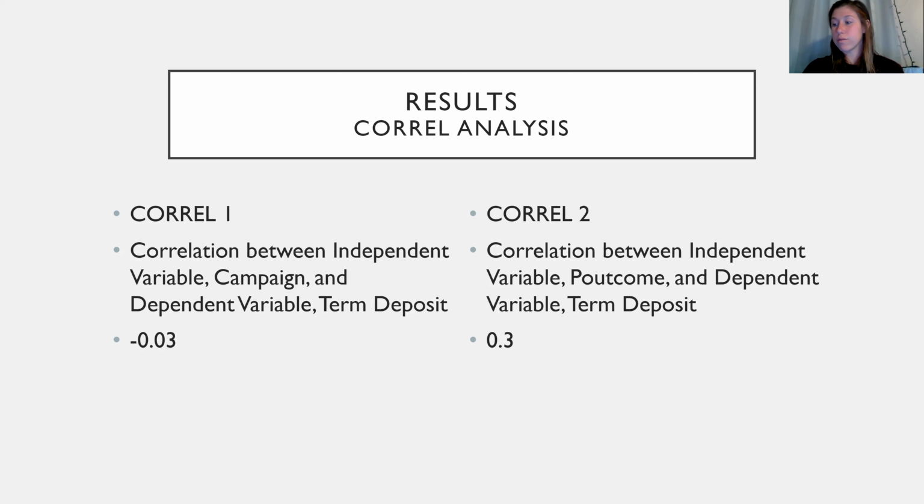My second CORREL formula computed the relationship between my independent variable P outcome and dependent variable term deposit. This was a 0.3, showing a semi-strong relationship, not too strong of a correlation, but obviously higher than the other one.